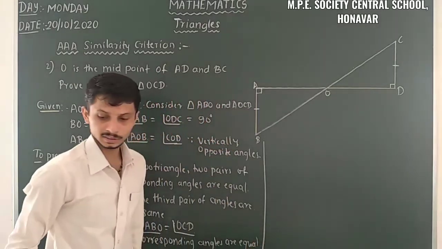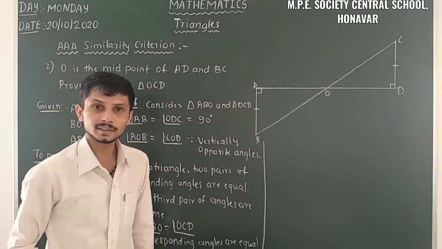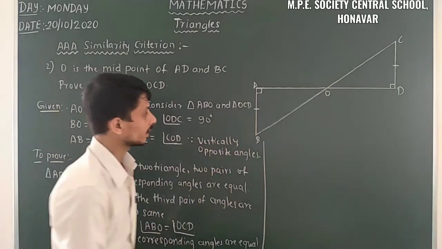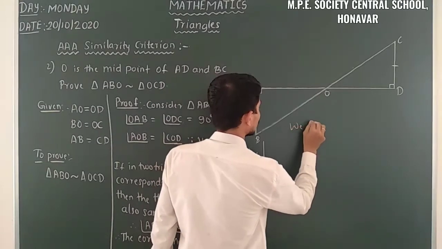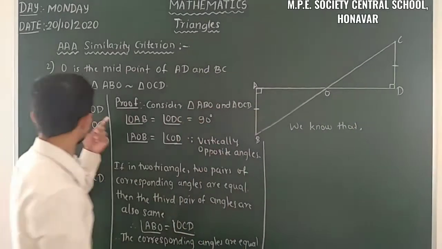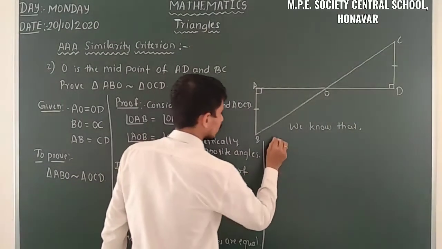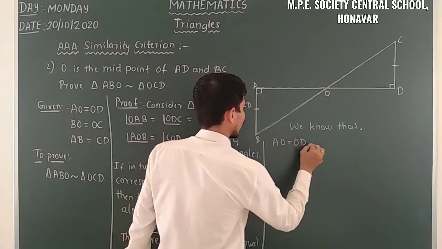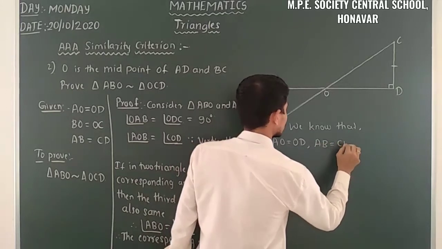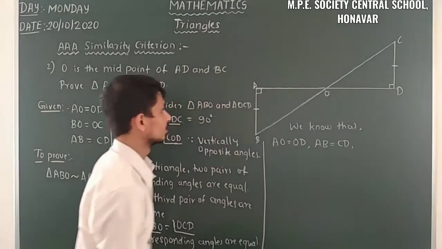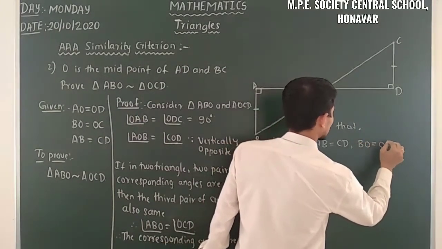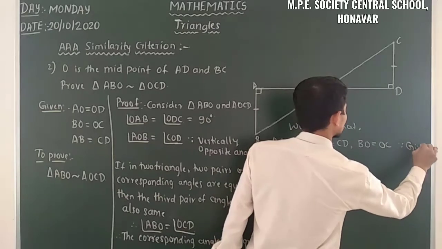Then we have to consider the second condition, that is the corresponding sides are proportional. Yes, we know that. Here we have the condition that AO is equal to OD, AB is equal to CD, and BO is equal to OC, because it is given.